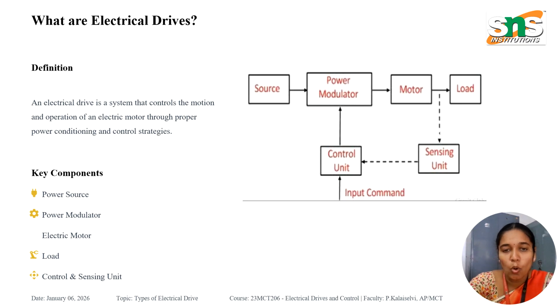The load is the mechanical system connected to the motor. The control and sensing unit ensures accurate speed or torque control and provides the feedback. Overall, an electrical drive system is a complete combination of power electronics plus motor plus control plus load.